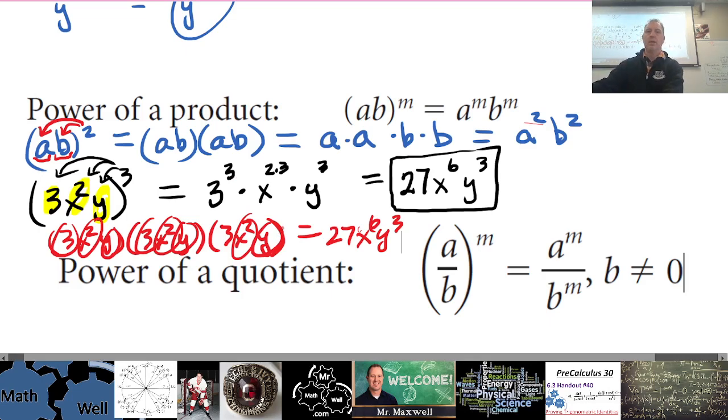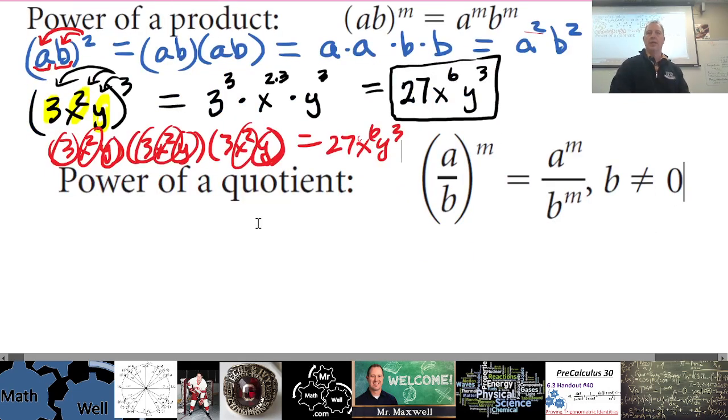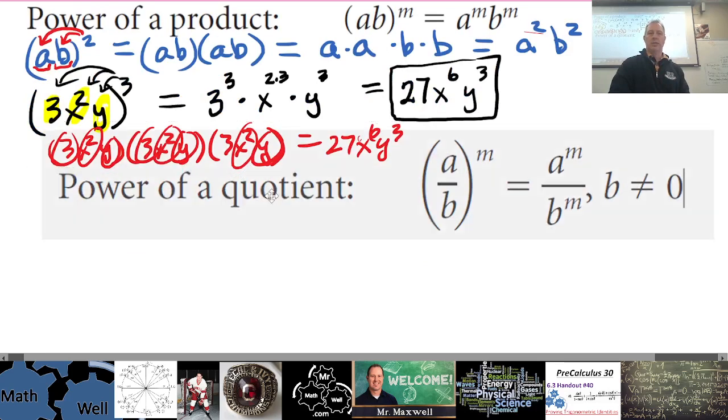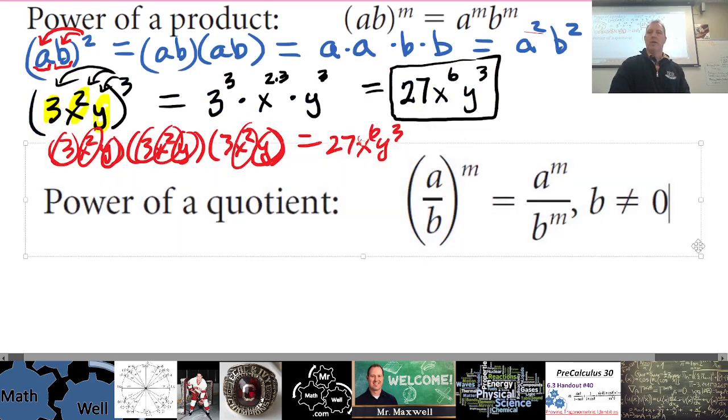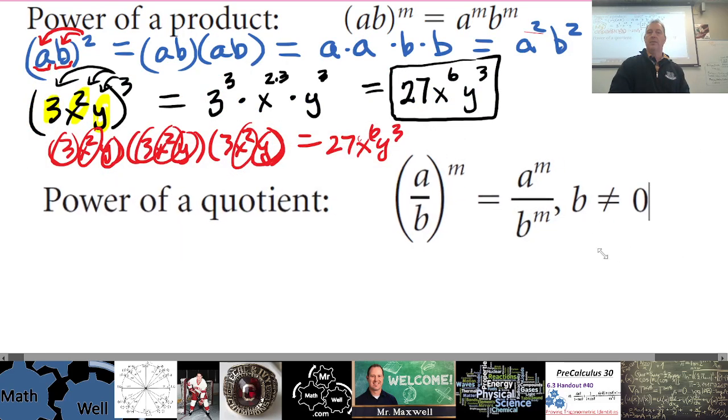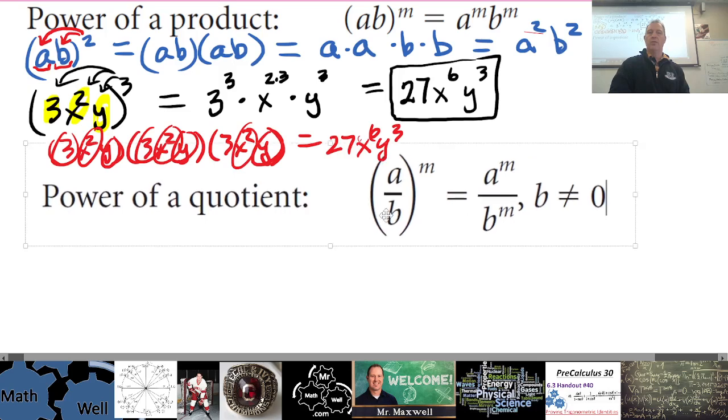All right. Now what we're going to look at is power of a quotient. A quotient, remember, is a division, right? So if we take that quotient or that fraction or that ratio to a power, and again, we touched on this last day, just like the power distributes to factors in a product, powers also distribute to factors in a quotient.